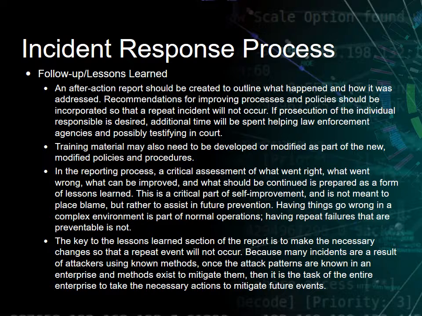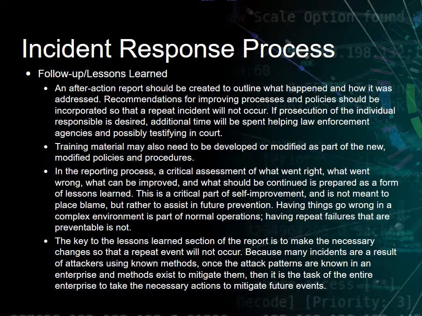Having things go wrong in a complex environment is part of normal operations. Having repeat failures that are preventable is not. Shame on you if you fool me once, or shame on me if you fool me twice, is basically what they're saying.